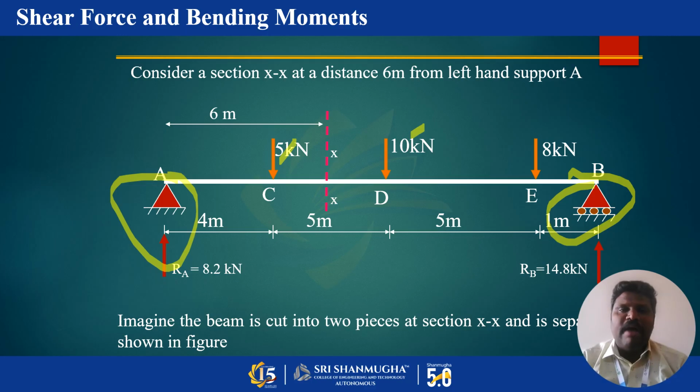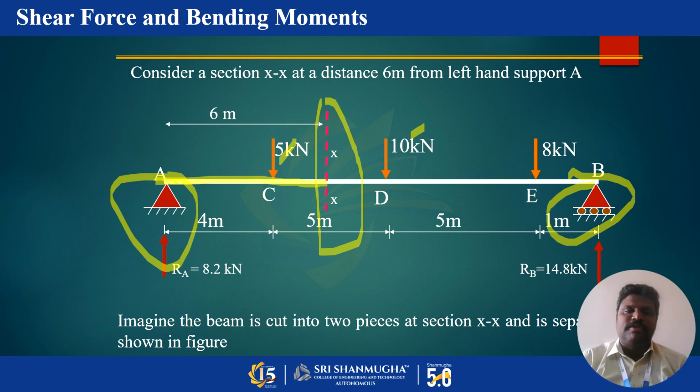Now I have considered the section XX at a distance of 6 meters from the left-hand support A. I am going to calculate the shear force value at the section XX, either right or left of the section.